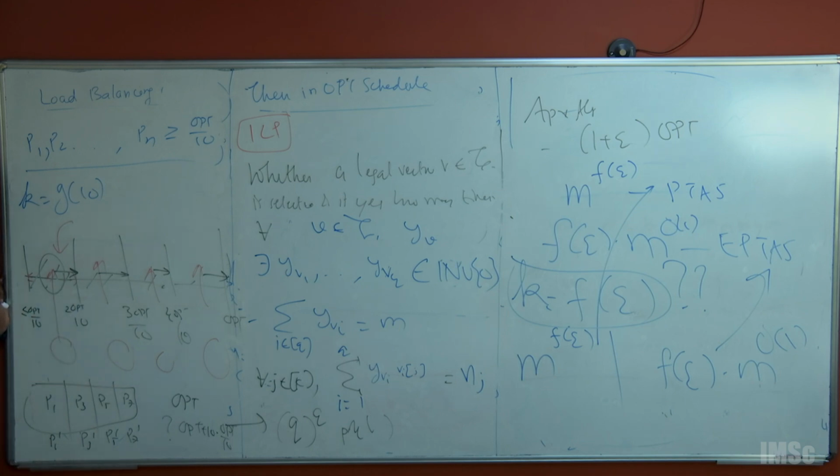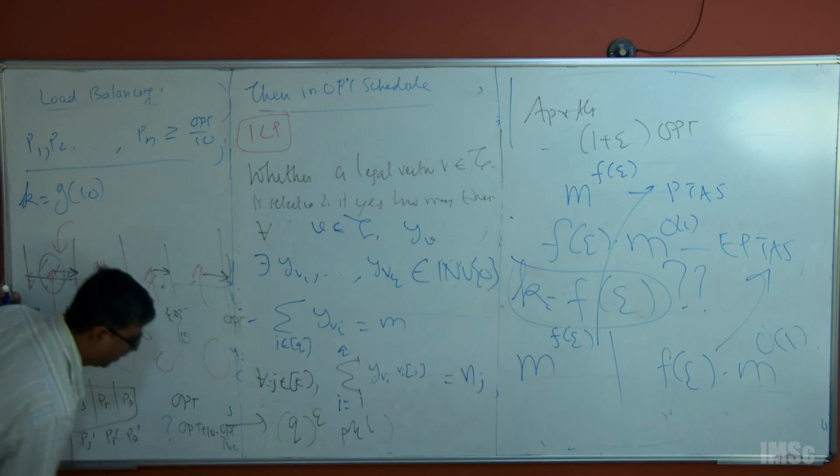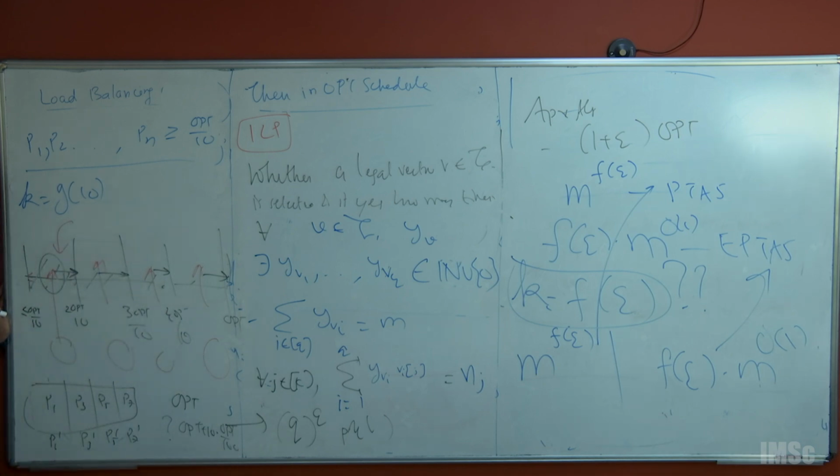Maybe I need some more fine-grained bucketing. Imagine that everybody increased not by opt by 10, but by opt by 100. Then what happens? P1 prime increases by opt by 100, so 10 times will be opt by 100. That's great, no?